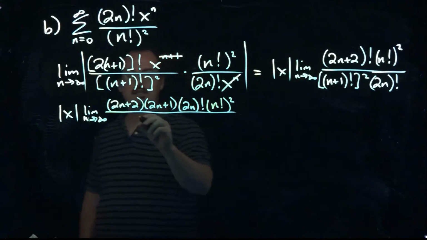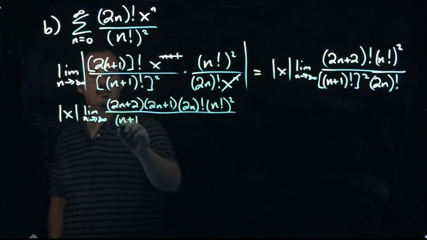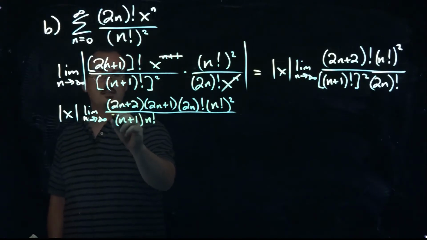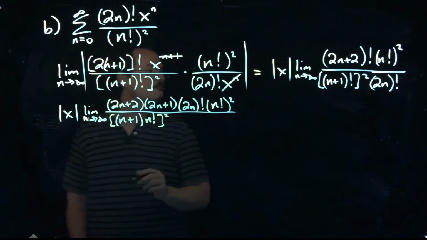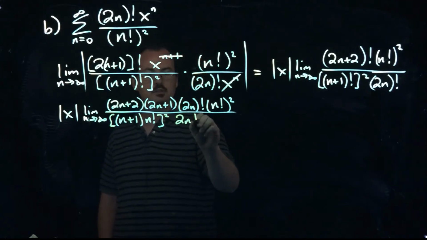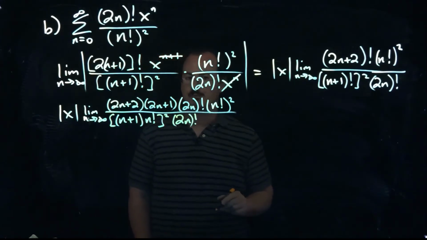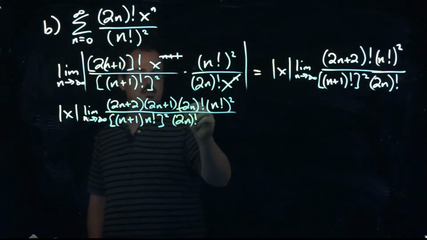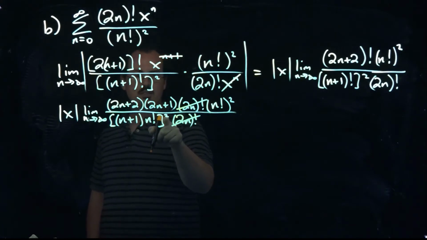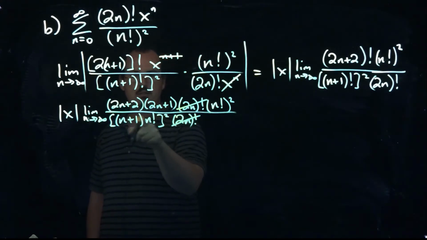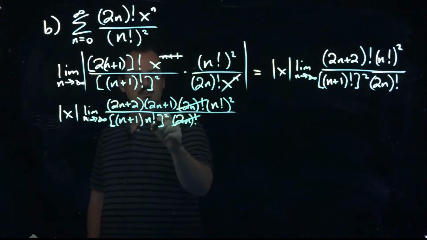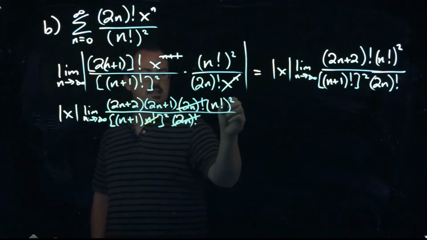That one, let's rewrite as n plus 1 times n factorial, and that's still squared. And we'll just leave that 2n factorial alone. Okay, so let's see what happens here. This and that are going to cancel. Now notice that when I square this, both things have to be squared, so the n plus 1 gets squared and so does the n factorial. So that n factorial, since it is squared, is going to cancel with this one here.